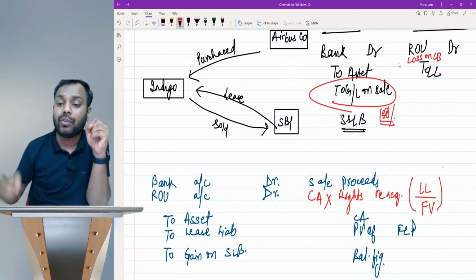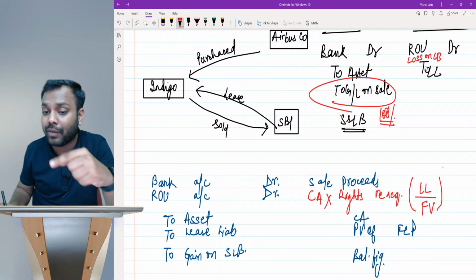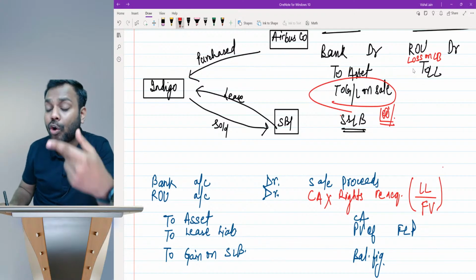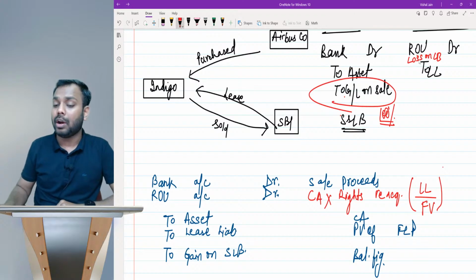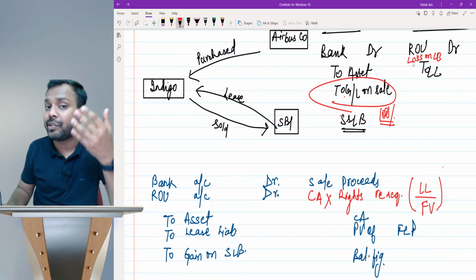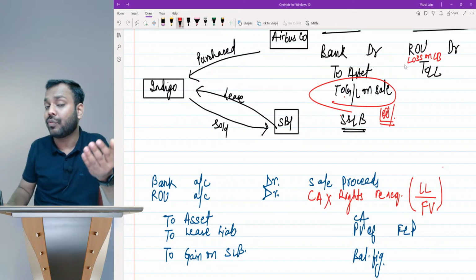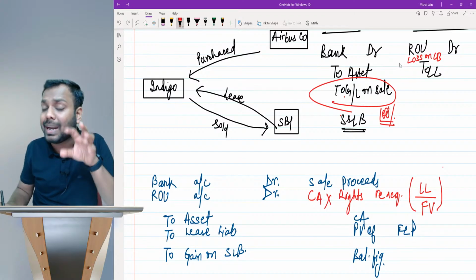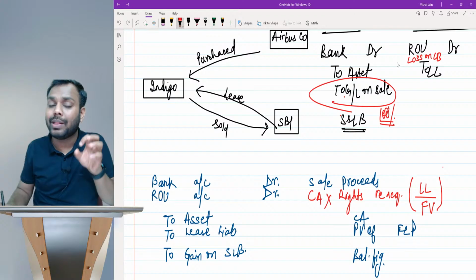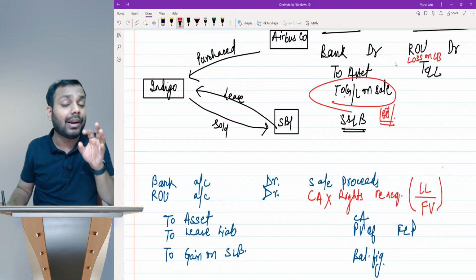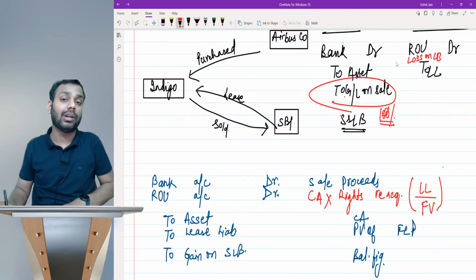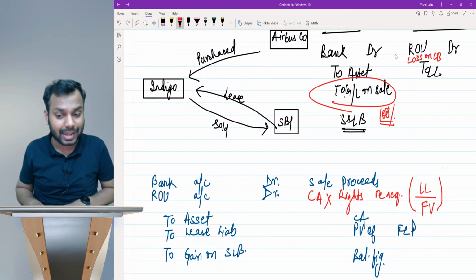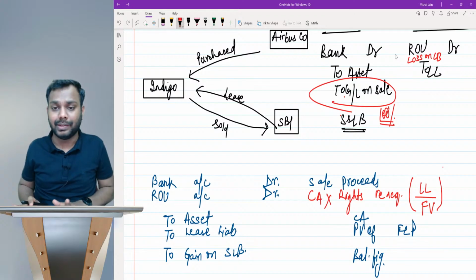So we have to reverse the gain, that is, we have to book a loss on lease back. If it is a gain, we have to recognize a loss, right? Loss means reversal of gain to the extent of rights reacquired, so that on a net basis, it is only the gain or loss on the rights transferred that is recognized. Nothing else should be recognized. Is that clear, guys?